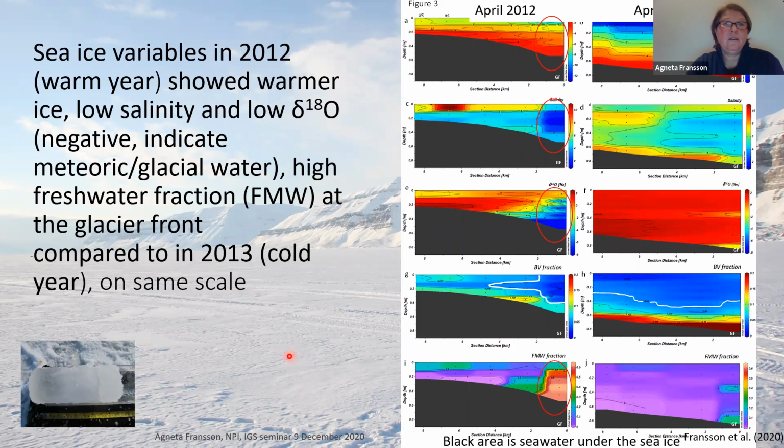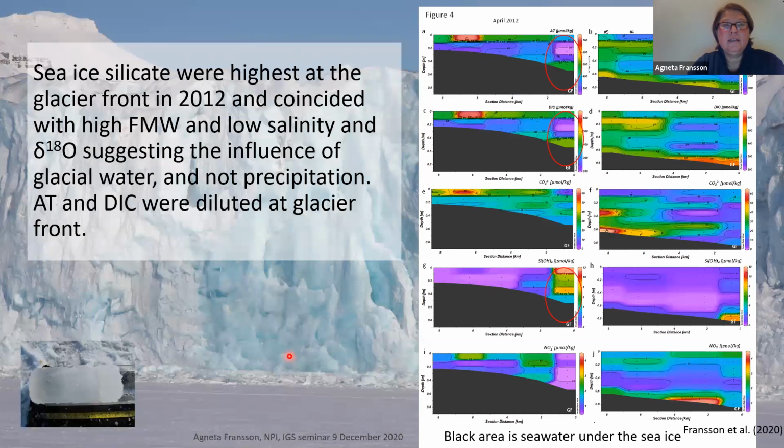So we concluded that we have this meteoric water in the inner parts of the fjord in 2012, which was not observed in 2013. And the sea ice silicate was highest at the glacier front in 2012, and that coincided with high fresh meltwater, low salinity and low oxygen-18.